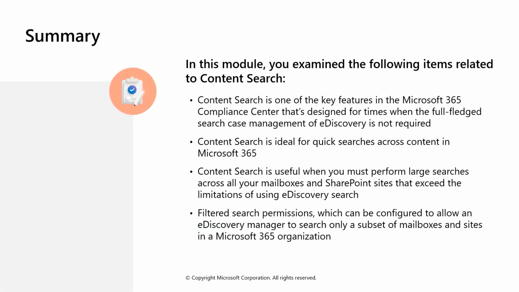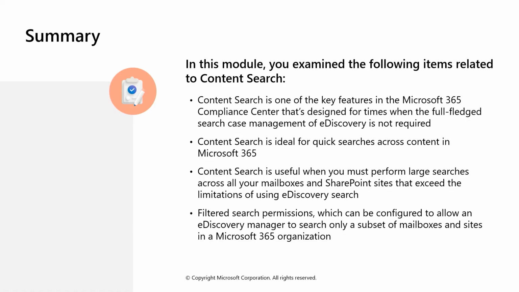In this module, we examined the following items related to content search. We looked at content search as being one of the key features in Microsoft 365 Compliance Center that's designed for times when the full flag search case management of eDiscovery isn't needed. We looked at content search when it's ideal for quick searches across content in Microsoft 365.